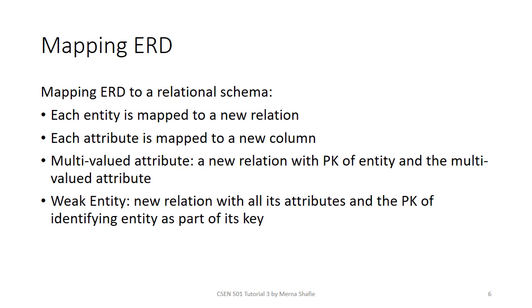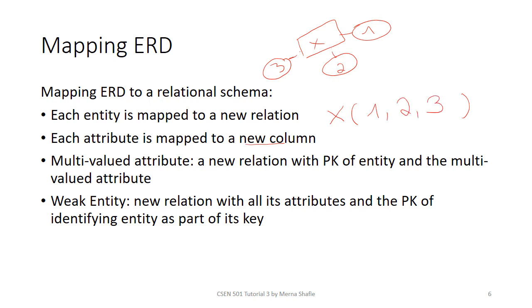If I have an entity, for example X, and it has, for example, 1, 2, 3 as its attributes, I'm going to do the following. Each entity is mapped to a new relation, and each attribute is mapped to a new column. How are we going to map that? I'm going to write X, and then between brackets, the attributes that I'm going to have, which are 1, 2, 3.